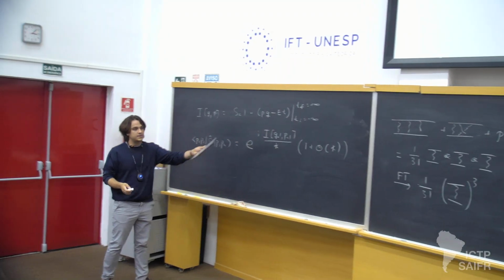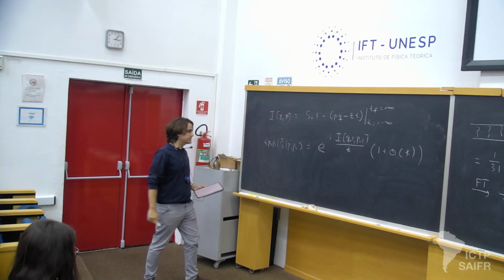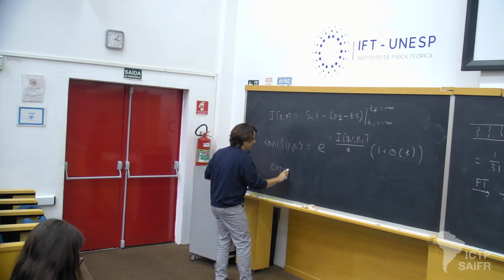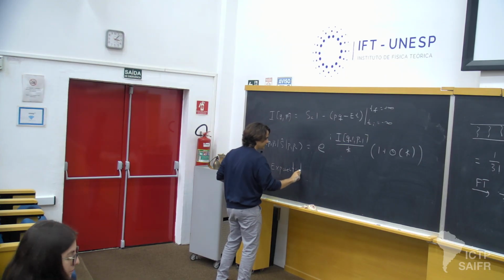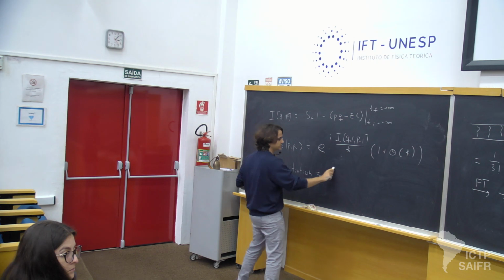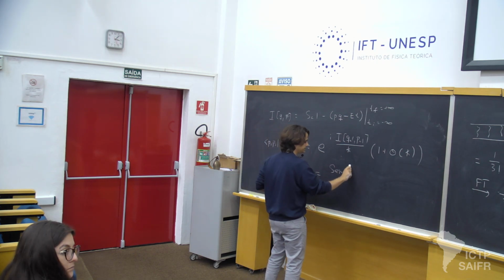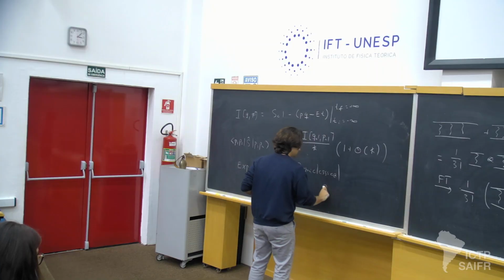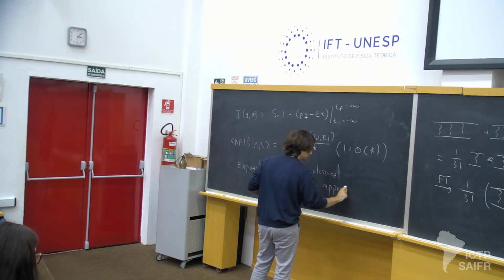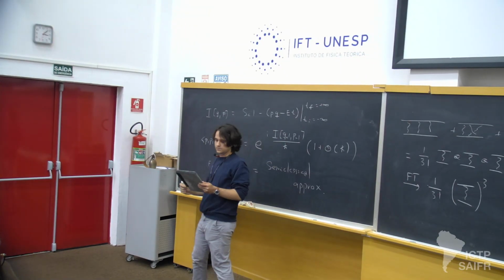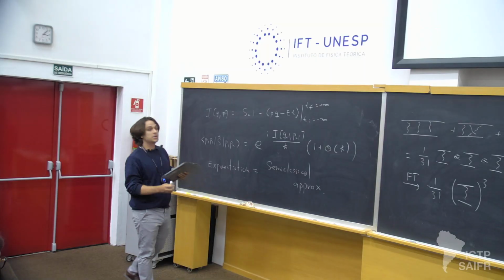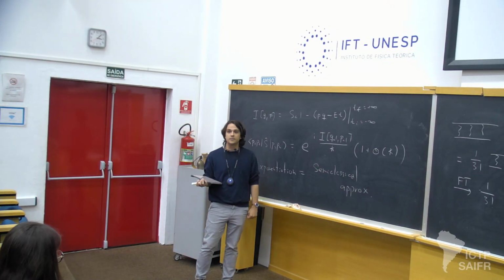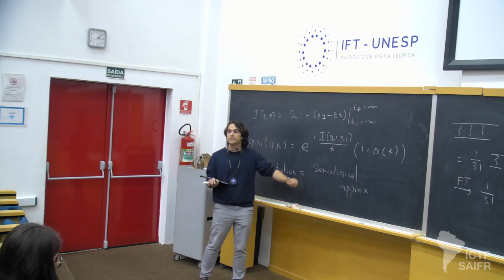So at the end of the day, when we're taking this classical limit, we're just seeing this exponentiation. It's just the usual semi-classical approximation. So it's not mysterious. It's something that we know very well.